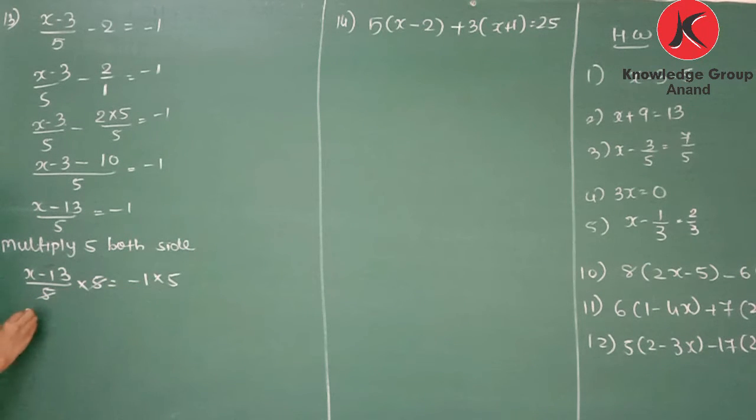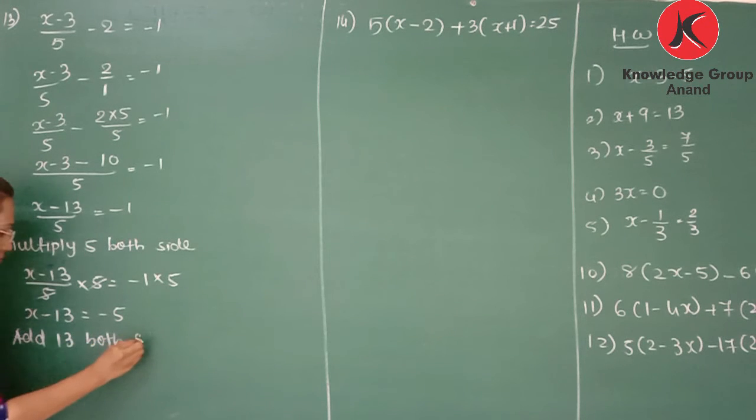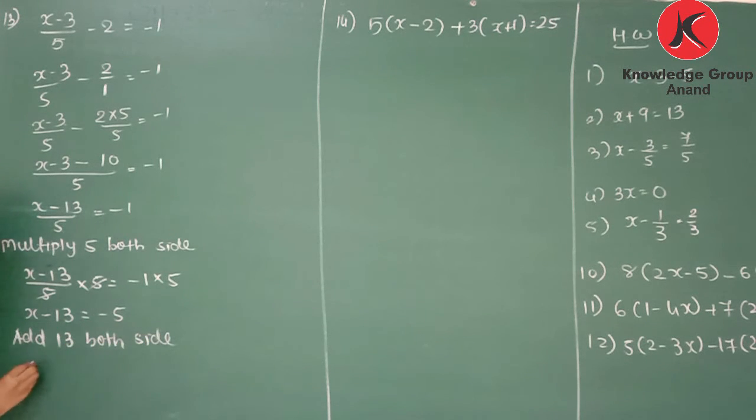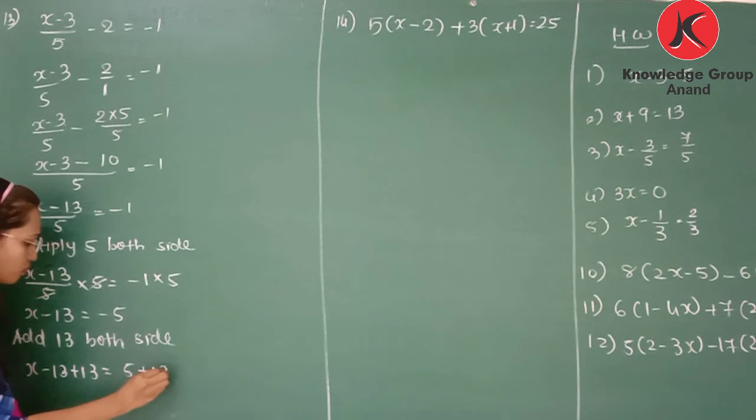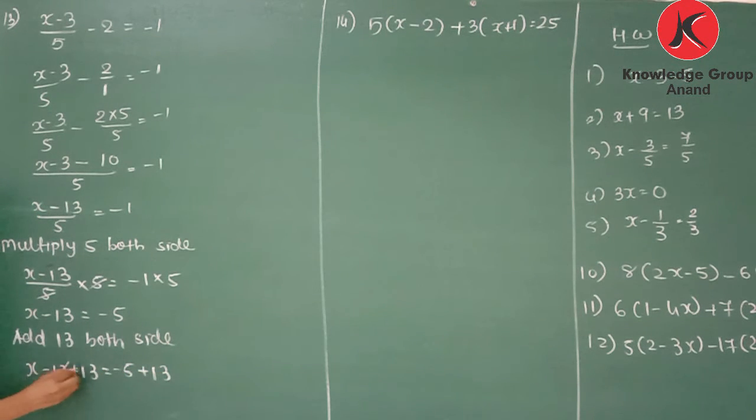Now 5 cancels, so x minus 13 is equal to minus 5. Now add 13 to both sides. So we will have x minus 13 plus 13 is equal to minus 5 plus 13. Minus 13 plus 13 will be cancelled, so x is equal to 8.